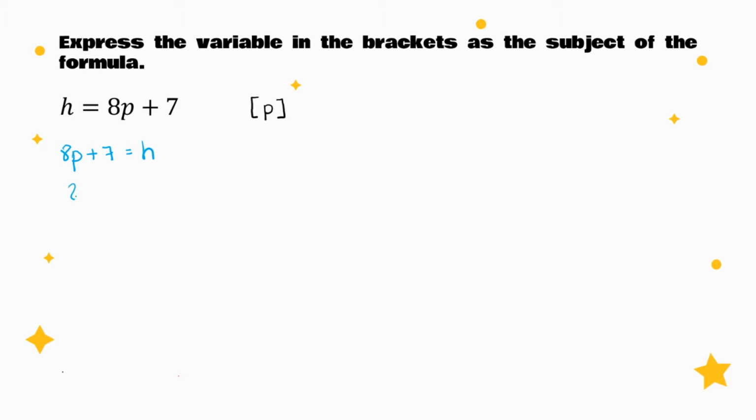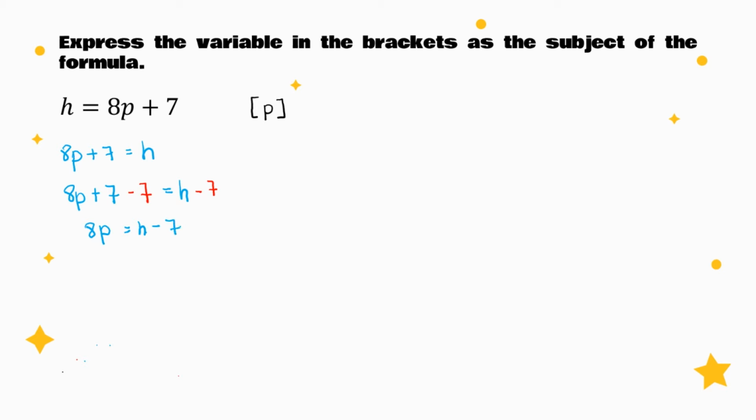So we do like this: 8P plus 7 minus 7 equals to H minus 7. We must perform the equality concept for both sides. So now 7 minus 7, we will get 0, and 8P equals to H minus 7.